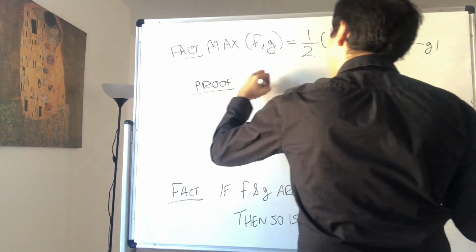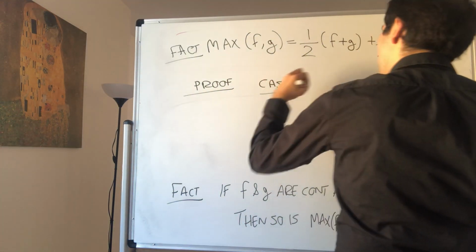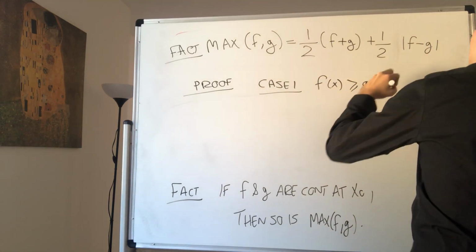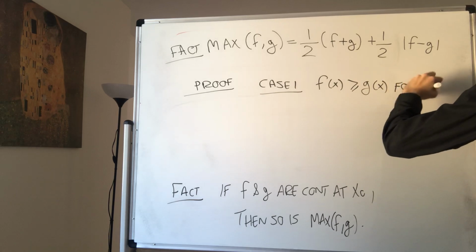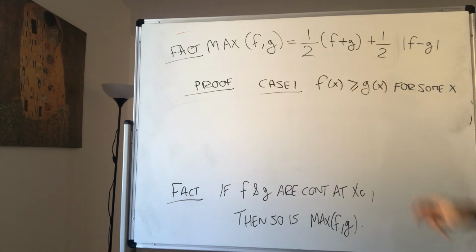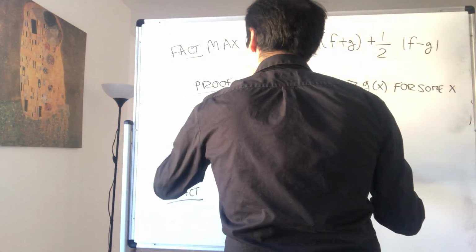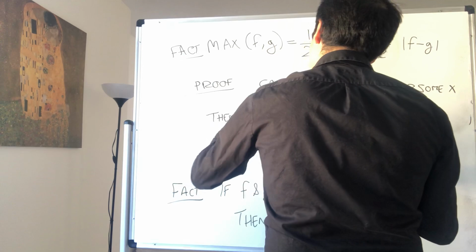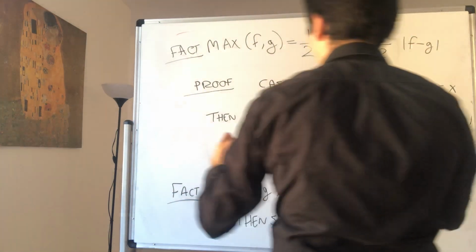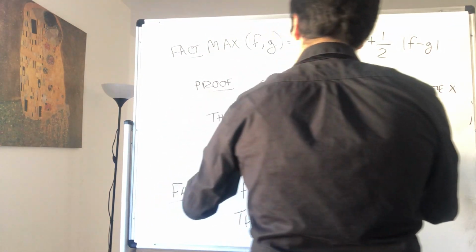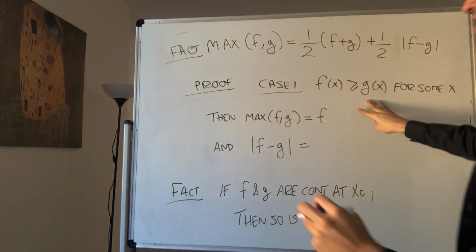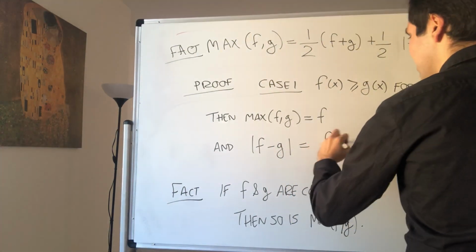Case 1, suppose f of x is greater or equal to g of x for some x, then the maximum of f and g is f here. Then the maximum of f and g is just f, and moreover, f minus g, because f is greater or equal to g, becomes f minus g.